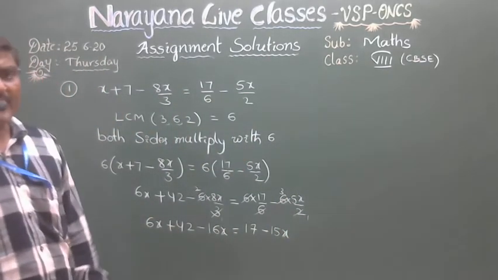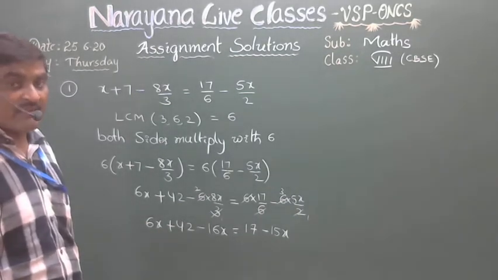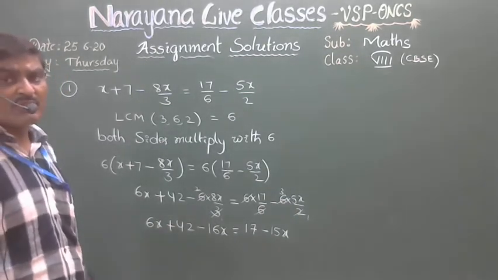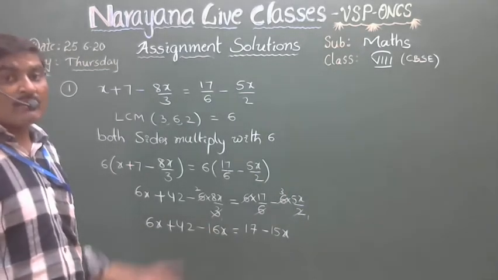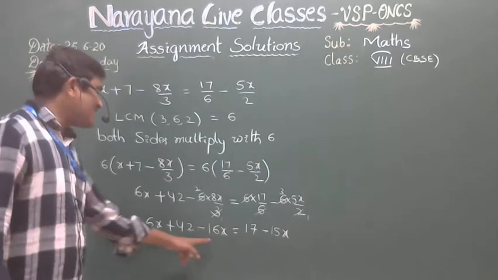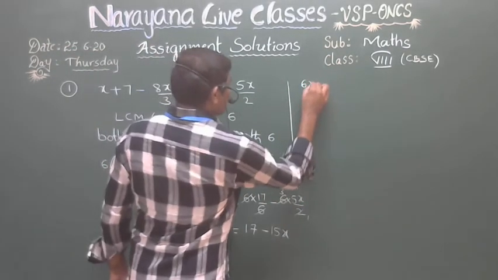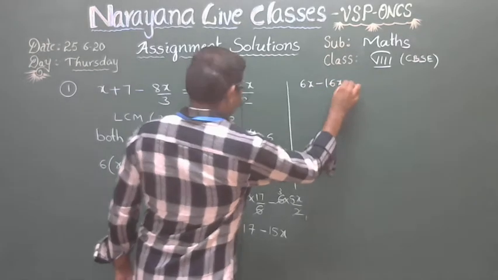Now there are no fractions, no denominators in the given equation. Now all the variables will be transformed into one side and the constants into the other side. Here 6x minus 16x are the variables.